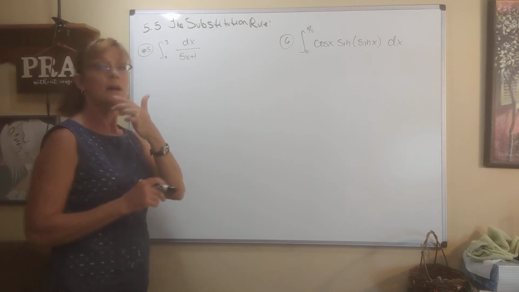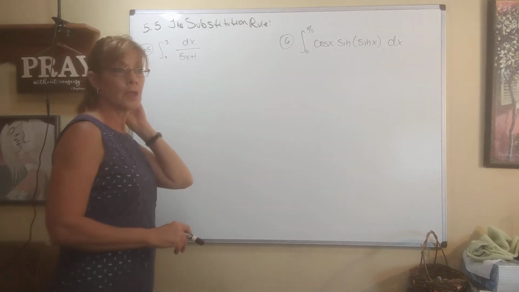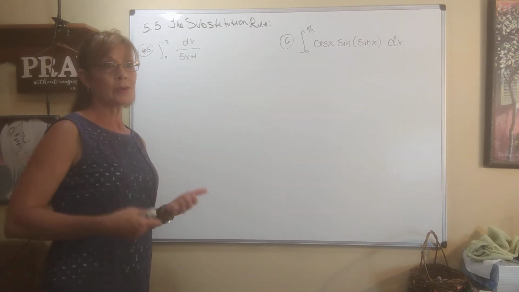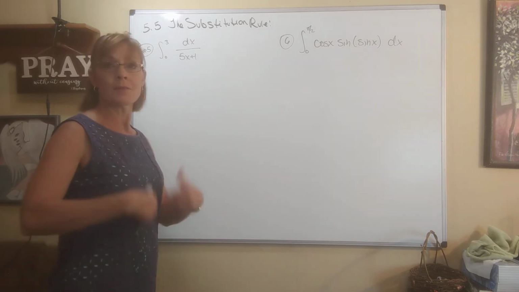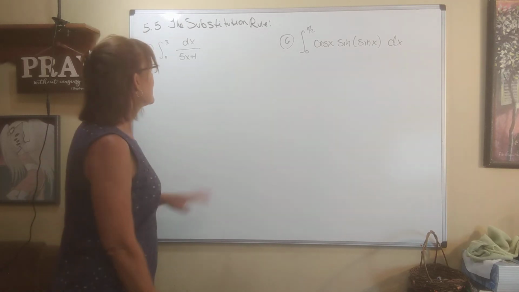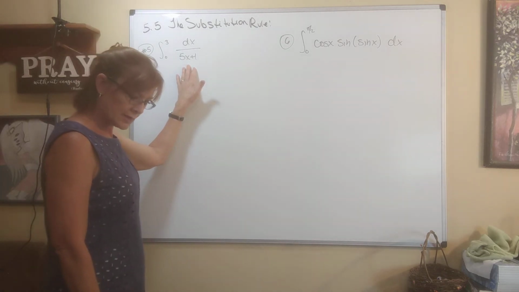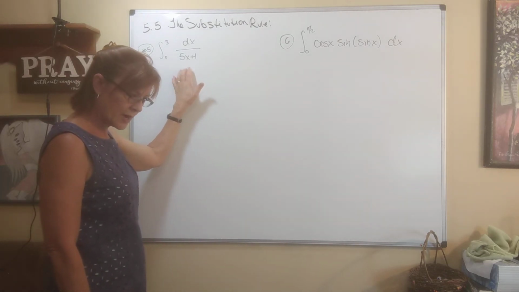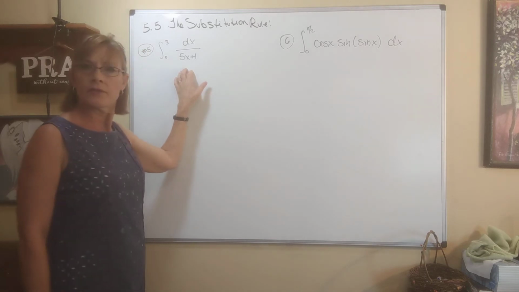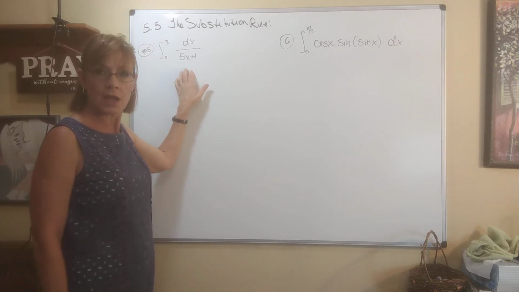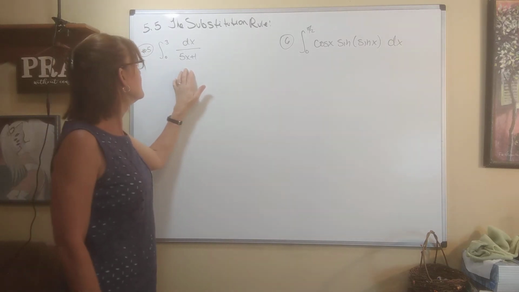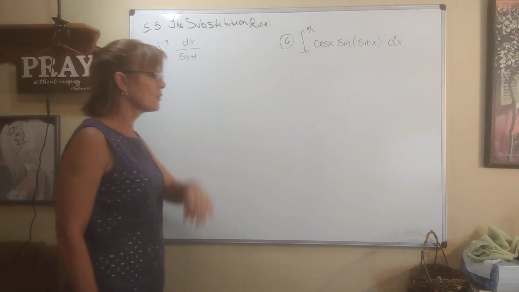If we're going to use the substitution rule, we want to let u equal something that's going to make it less complicated and whose derivative we see there. If I let u equal 5x plus 1, that would take care of a lot. The derivative of 5x plus 1 is going to be 5 dx. The 5 is not a problem, and I just need a dx, so I'm going to go with that.